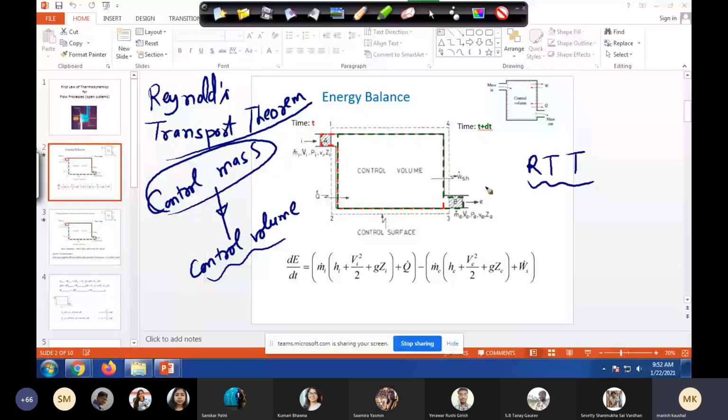If somebody asks you ever in the future whether fundamental laws like the first law of thermodynamics or Newton's second law are valid for control volume or control mass, you say that fundamentally they are valid for control mass, a fixed set of particles. Then with mathematics and using calculus, we can bridge control mass with control volume. That's a different story.